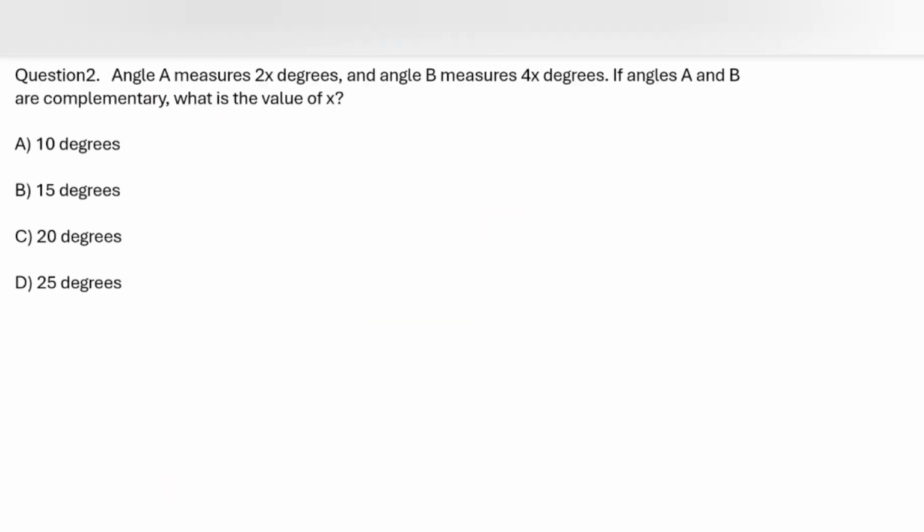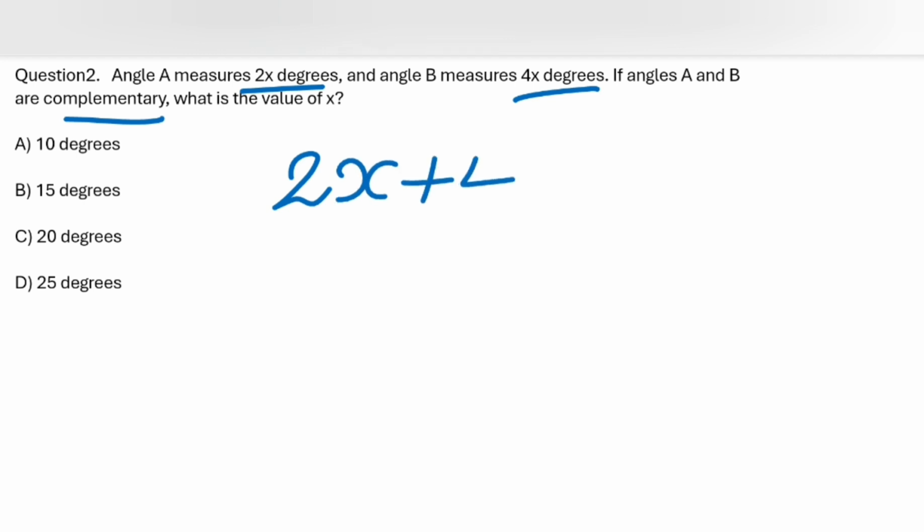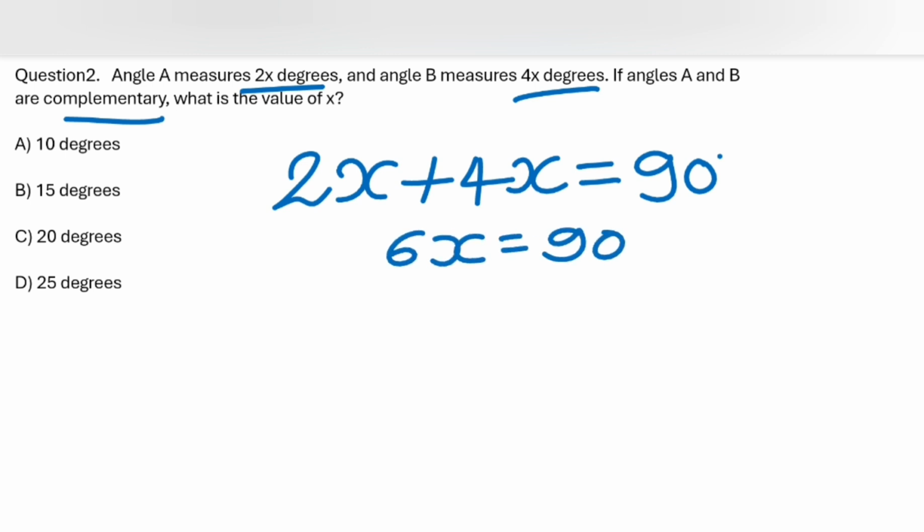Everyone, here the question is: angle A measures 2x degrees and angle B measures 4x degrees. If angles A and B are complementary, then what is the value of x? Alright, so as you know the statement of complementary angles, if the sum of two angles, say 2x plus 4x, then the resultant angle will be 90 degrees. Alright, so 2 plus 4 is 6x is equal to 90 degrees.